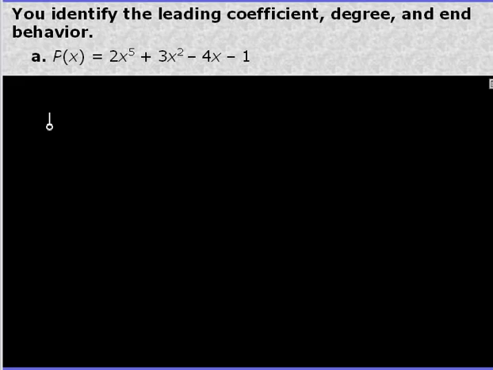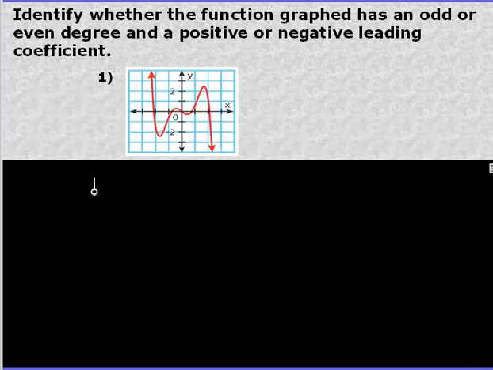All right, so now we're going to look and see if we can figure out things by looking at the graph. Identify whether the function graph has an odd or even degree and a positive or negative leading coefficient. So let's look at the first example. And we're going to look at the end behavior to help us figure this out.